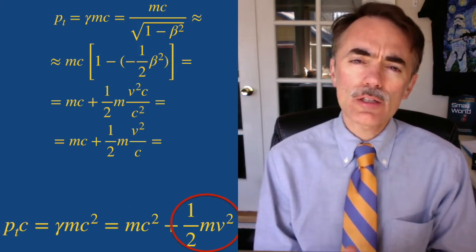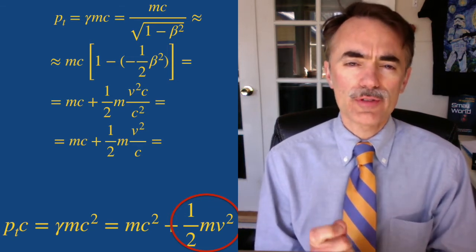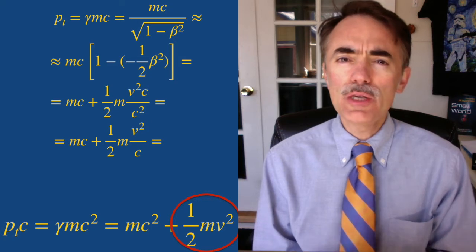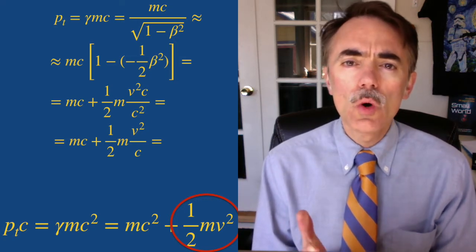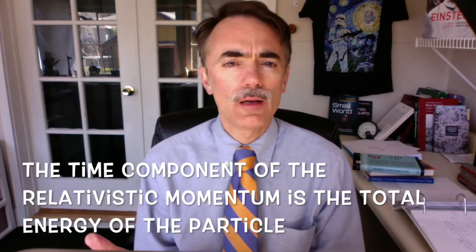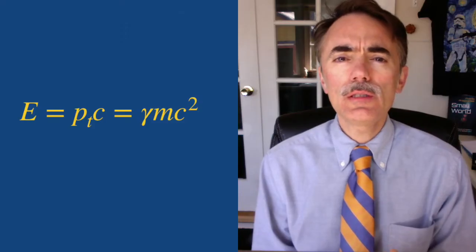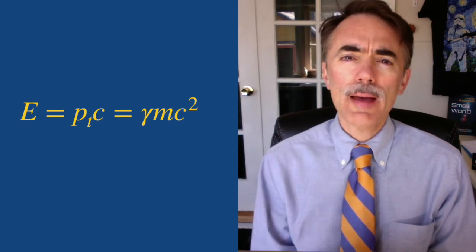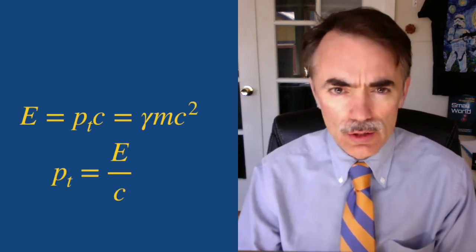So for small velocities in the Newtonian regime, in a collision that preserves the mass, the conservation of Pt implies the conservation of kinetic energy. So we can define the time component of the relativistic momentum as the energy of the particle. We will write E equal to Ptc equal to gamma mc squared, or Pt equal to E over c.